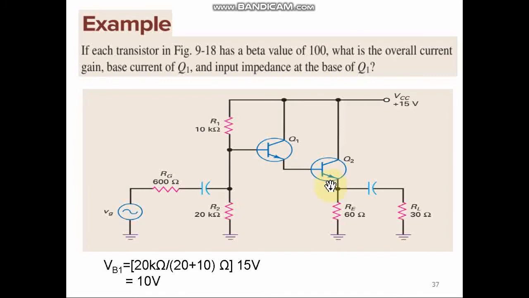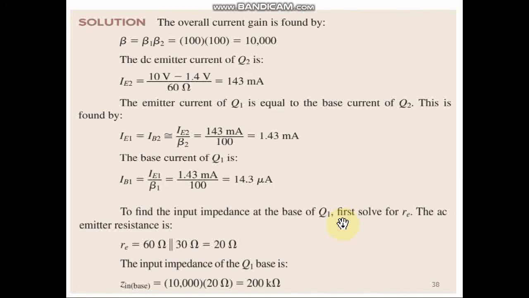So 10 minus 1.4 divided by 60, that is RE. As this capacitor is open, we have 10 minus 1.4 divided by 60, that is IE2, which is 143 milliampere.